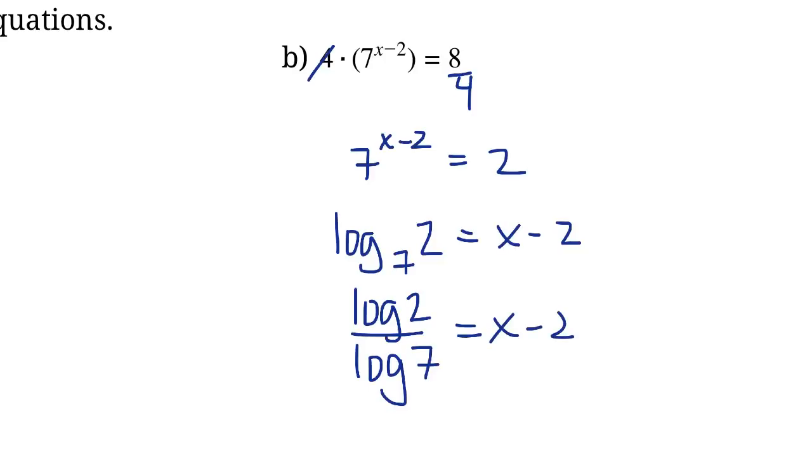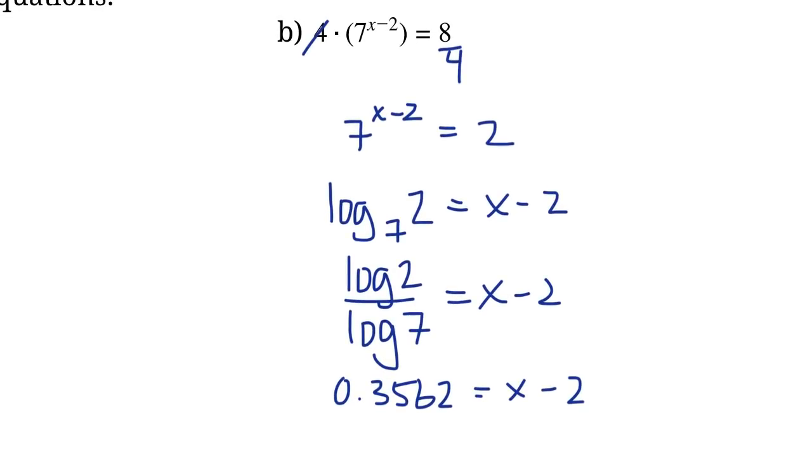And we can easily solve that. Log 2 divided by log 7 is 0.3562 equals x minus 2. And then just solve that by adding 2. So x equals approximately 2.36. There we go.